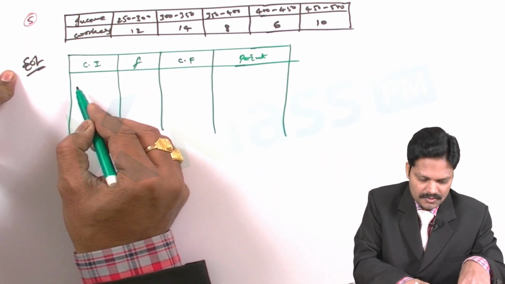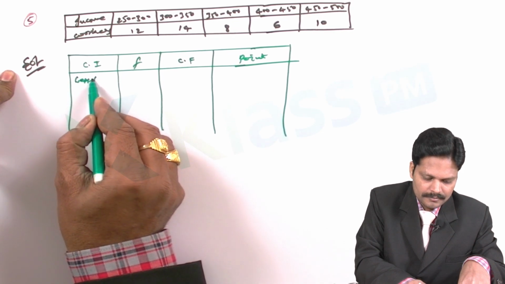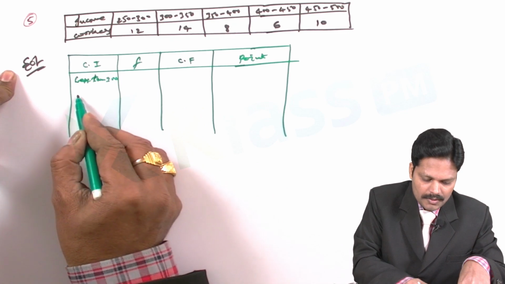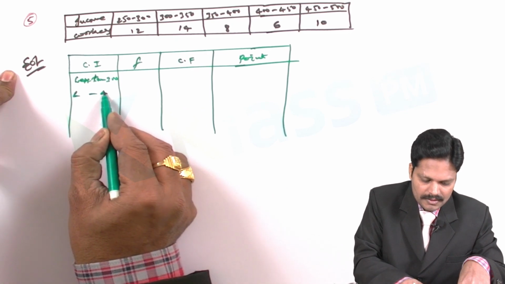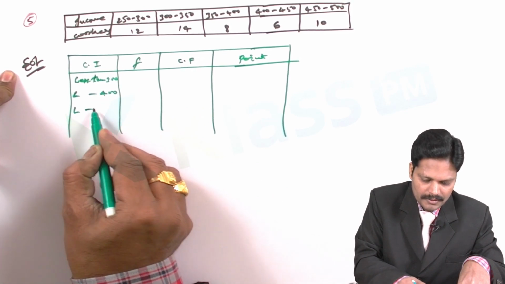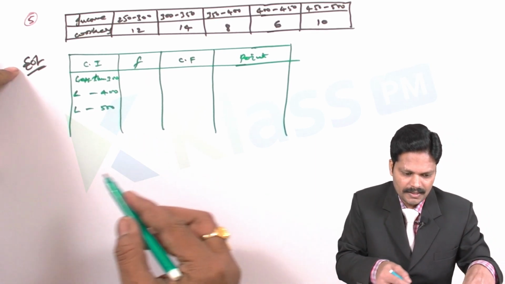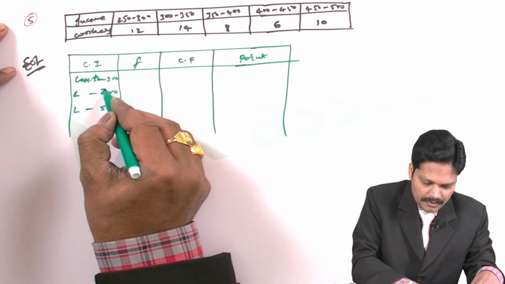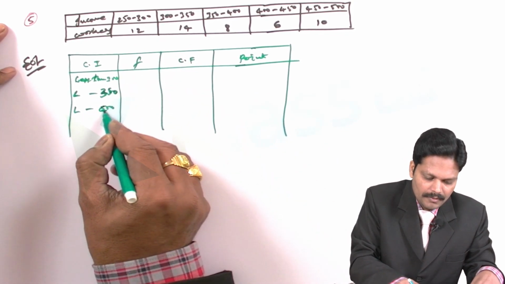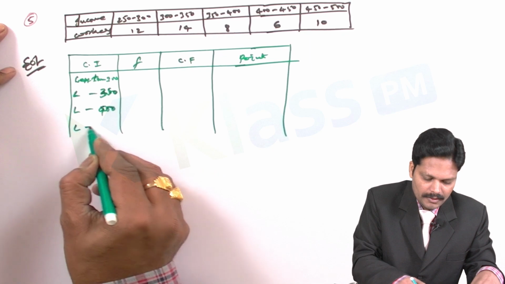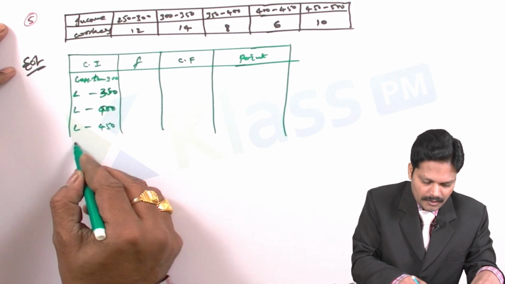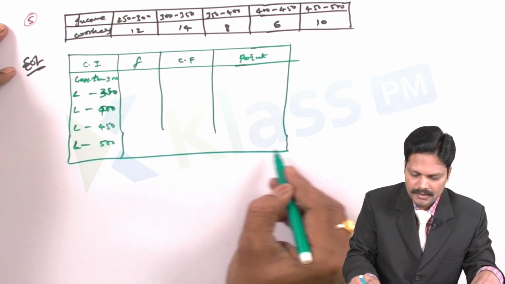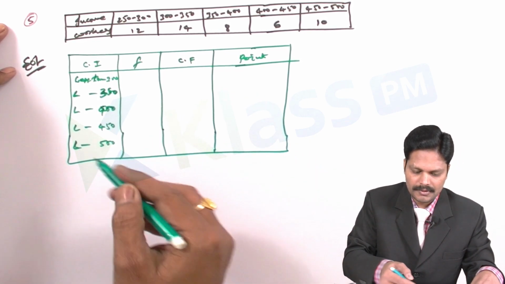So less than 300, less than 350, less than 400, less than 450 and less than 500. In this manner we are arranging the cumulative data.